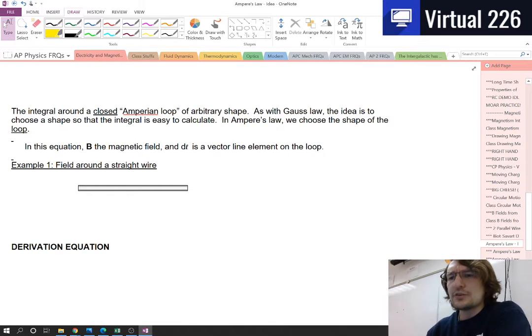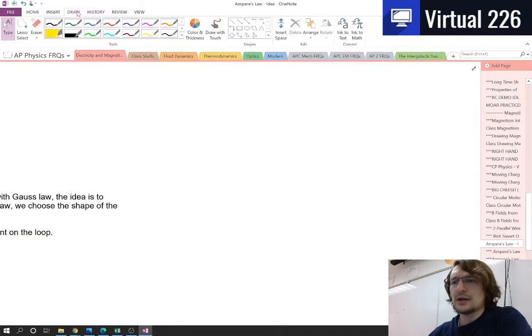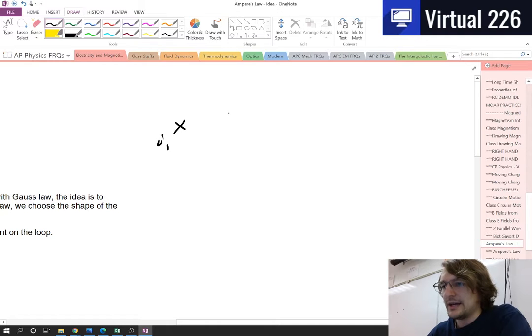What we're going to be doing is creating Amperian loops, and these loops can really be of arbitrary shape. Normally in a physics textbook, let's imagine I have some currents: a current going into the page, we'll call it I1, and a current out of the page, we'll call it I2.